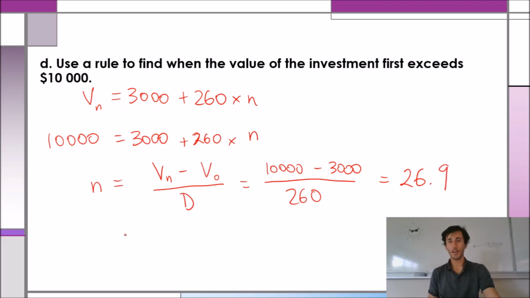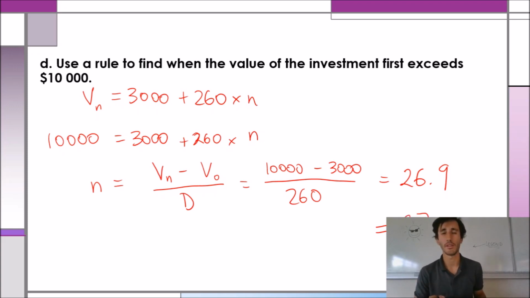So you think, oh, okay, the answer is 26.9. Wrong. You can't have 0.9 of a year. You only get interest at the end of the year. So this means that it only first exceeds this value of 10,000 at the 27th year.